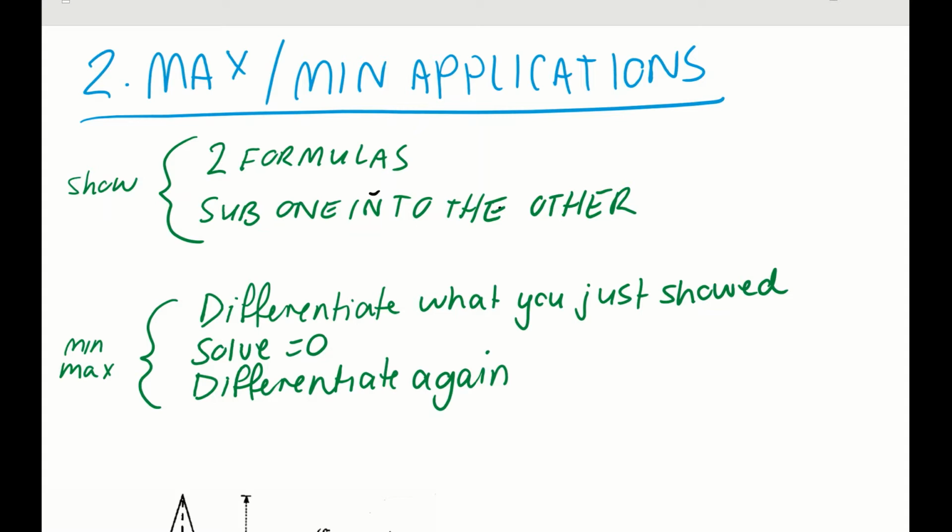You just need 2 formulas, and they'll give you the hints on those 2 formulas. With the minimum maximum part of the question, it's just about differentiating whatever you just showed. Then solve it equal to 0, just like you would for stationary point style minimum maximums. Differentiate, solve it equal to 0, then differentiate again, sub it in and show that it's a minimum or show that it's a maximum.